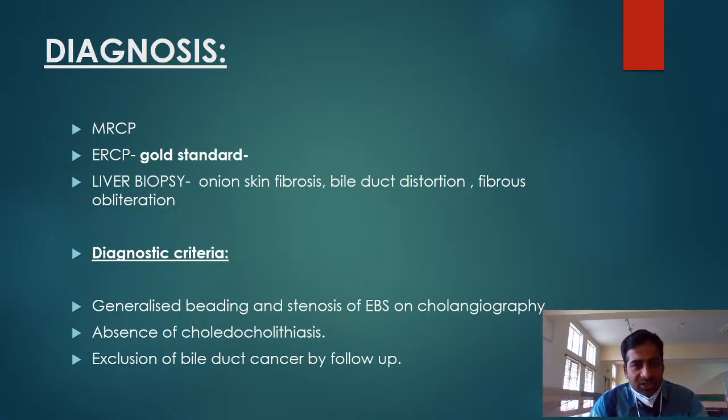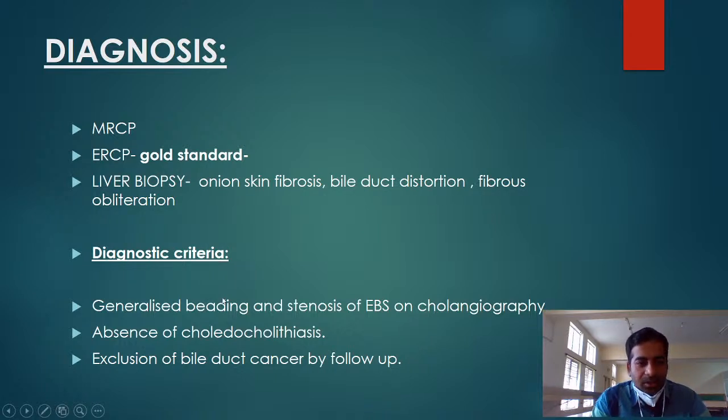ERCP is actually the gold standard, but because of the common side effects, you can go for MRCP initially. Liver biopsy usually shows onion skin fibrosis, bile duct distortion, and fibrous obliteration.